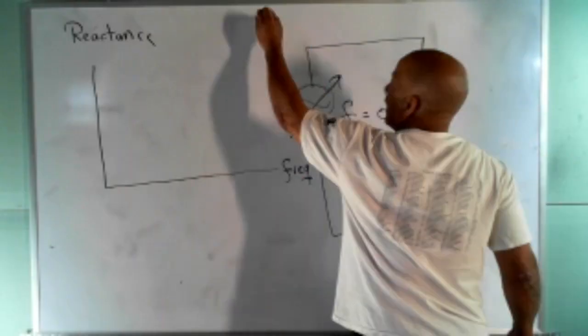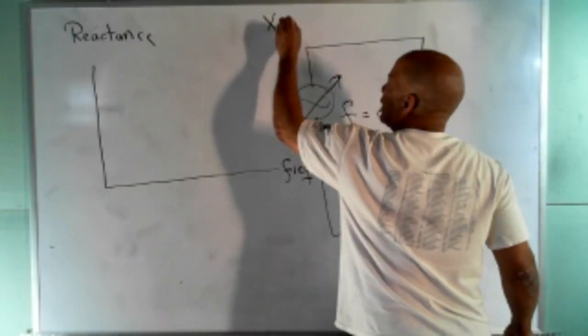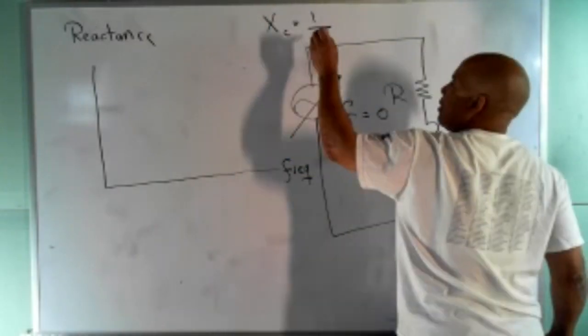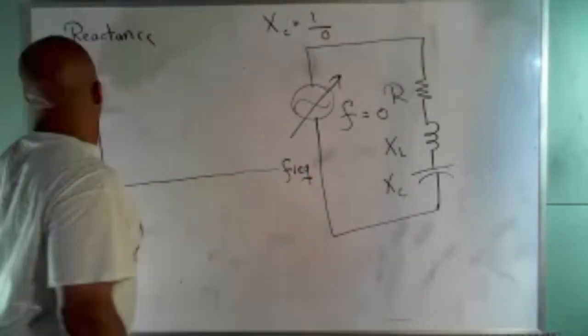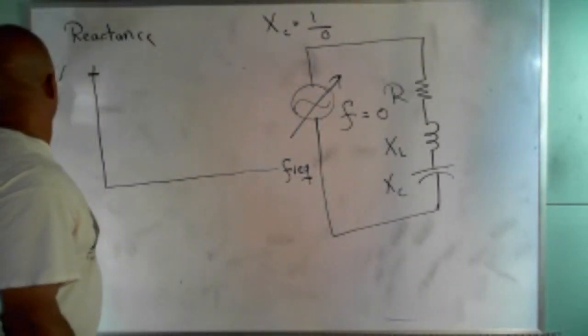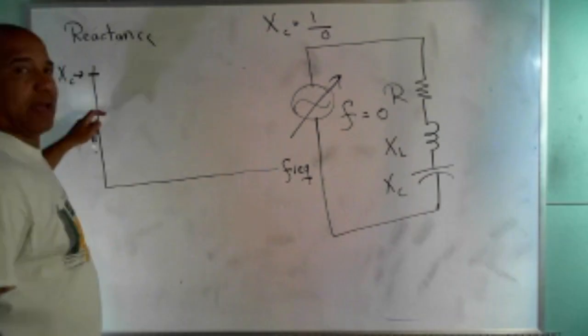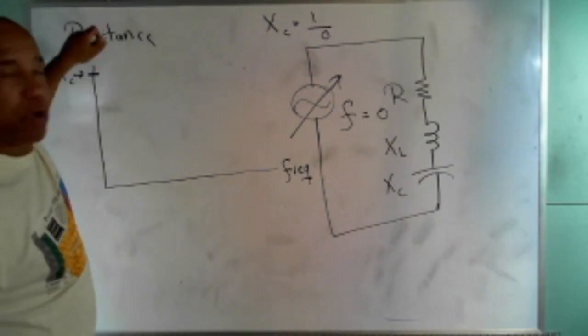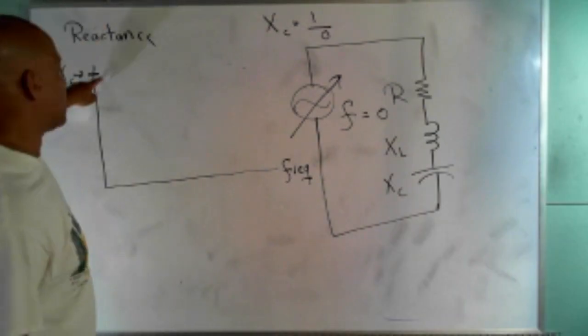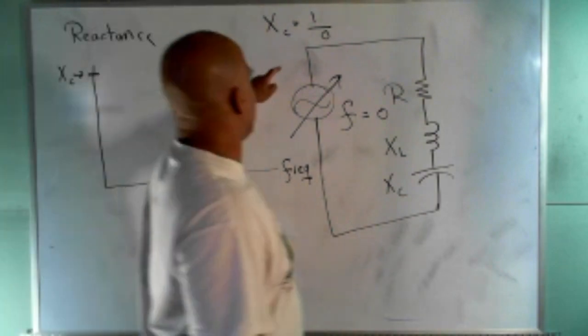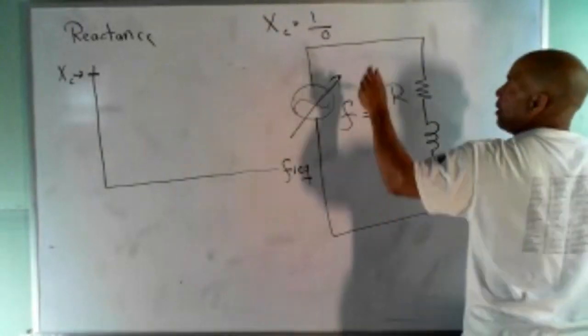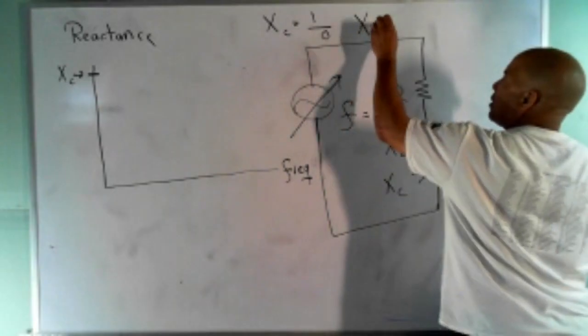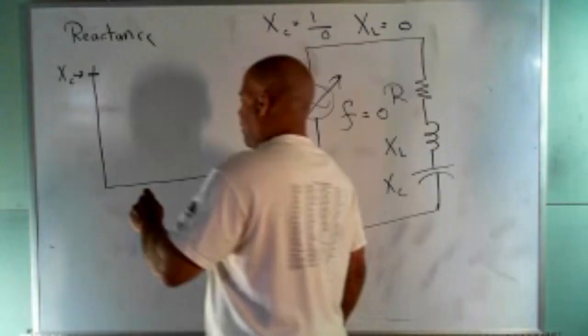Well, we said that XC is 1 over 0, so XC is like right here. It's really at infinity, but I can't draw this high enough for that, so we'll just start at really high. And if this is 0, then XL is at 0. So it's like right here.